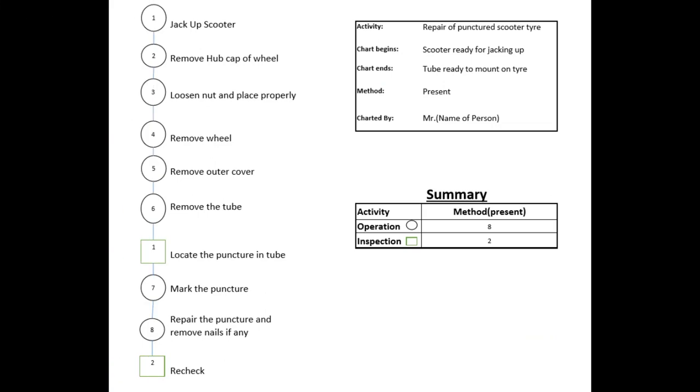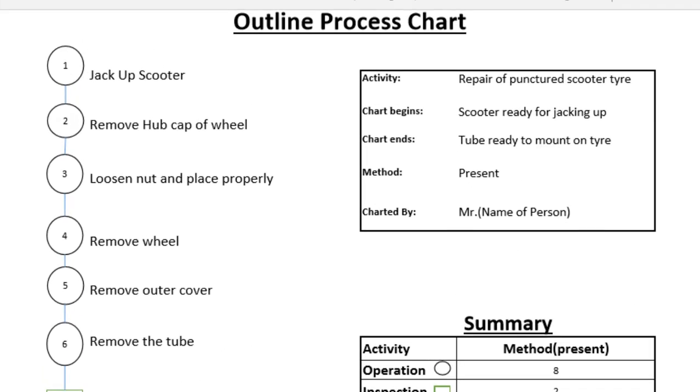So now we are taking one example of how we can draw an outline process chart, how we can record all the facts related to any job, process or task. First we have to decide which activity we are going to record in the outline process chart.